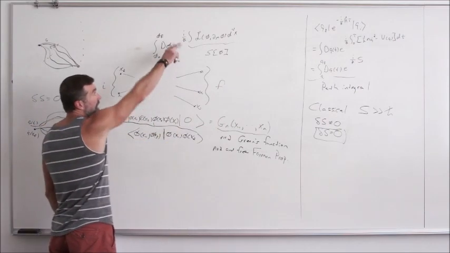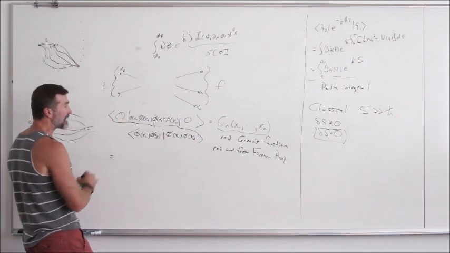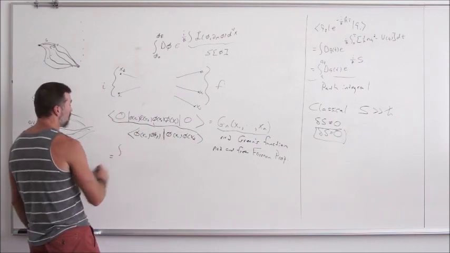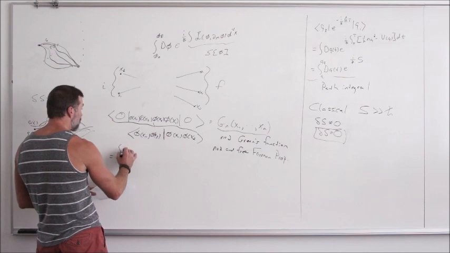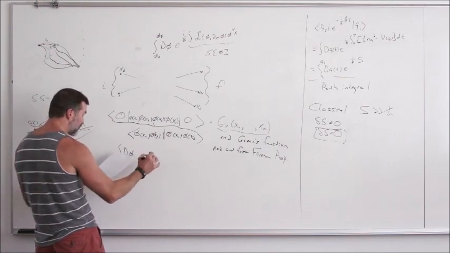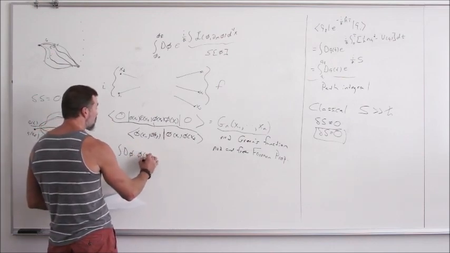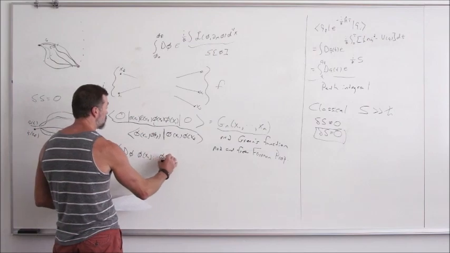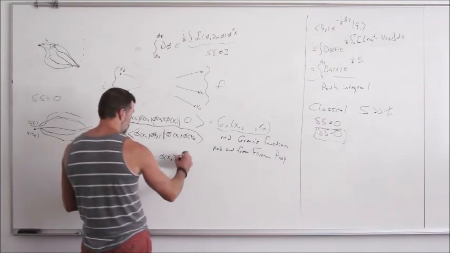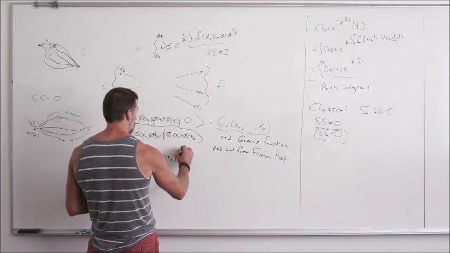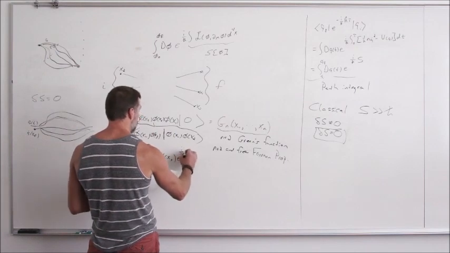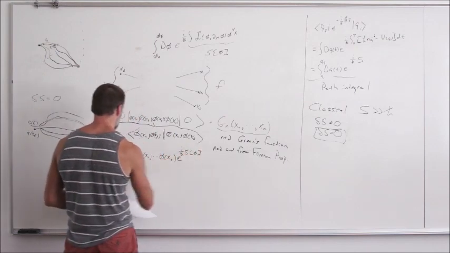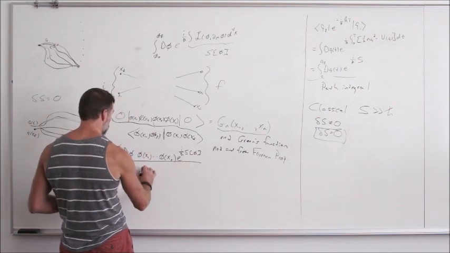Now, what would this look like if we did it with a path integral? Well, sadly, it would look like this. We would have an integration over all paths, and then we would have to insert these operators. And then we would have our weighting factor. And then we would have to normalize.